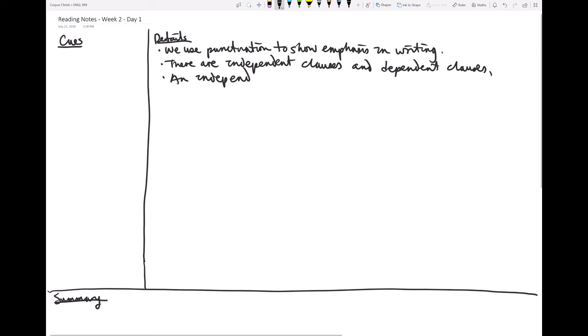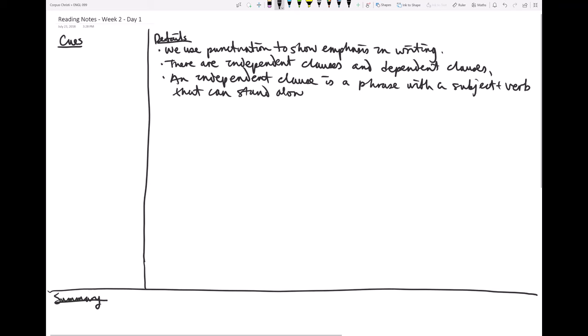Independent clause is a phrase with a subject and verb that can stand alone as a complete sentence.